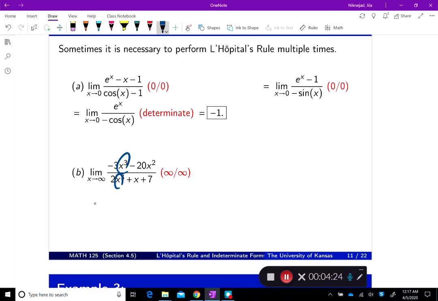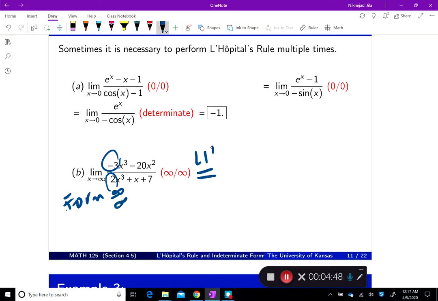The highest powers are the same, therefore what I get is the ratio of the coefficients, negative 3 over 2. Let's see if this still works with L'Hopital rule. And the form is, as it says, infinity over infinity.